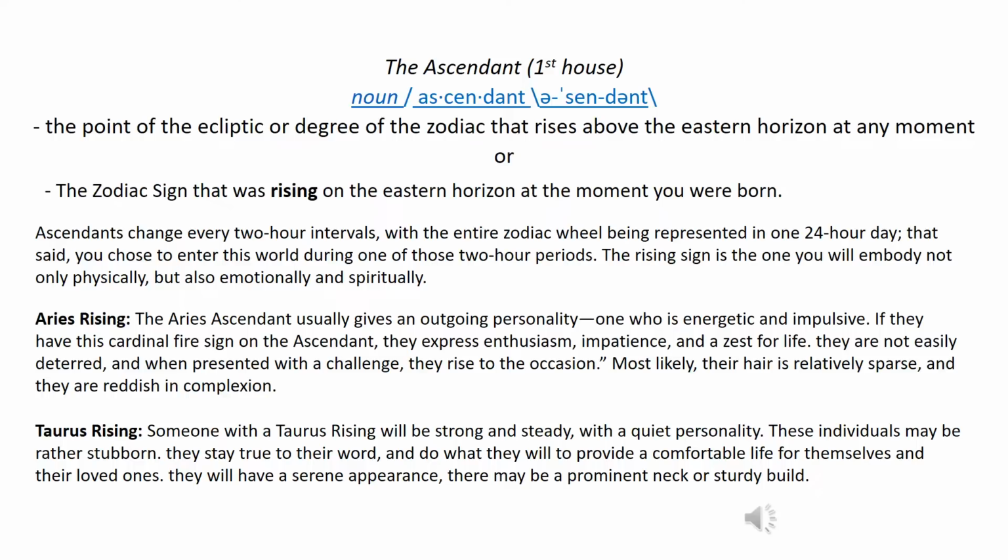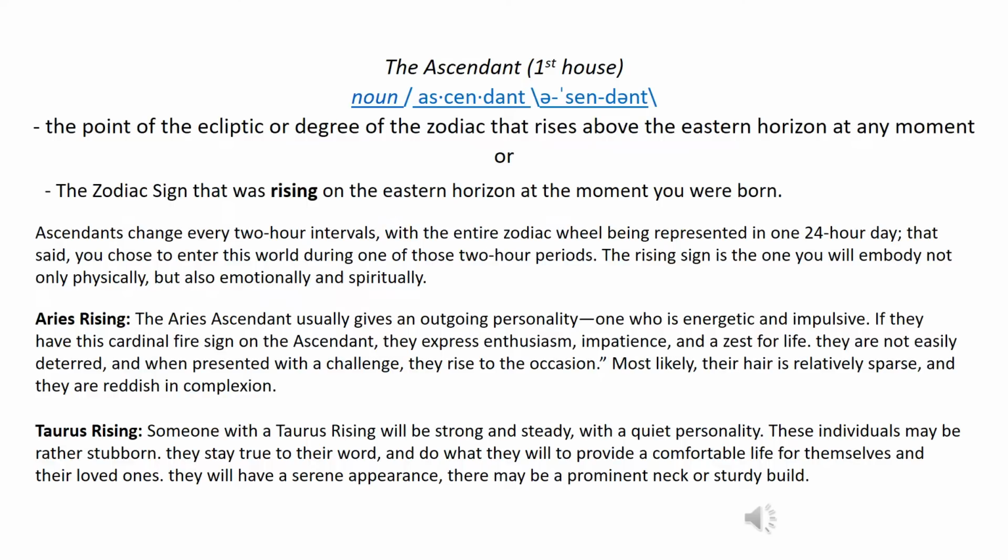Okay, so Taurus rising, as you know, is somebody that is strong and steady. It's the first house in the succedent house system. It is a fixed sign. It's an earth sign, so it's fixed earth.